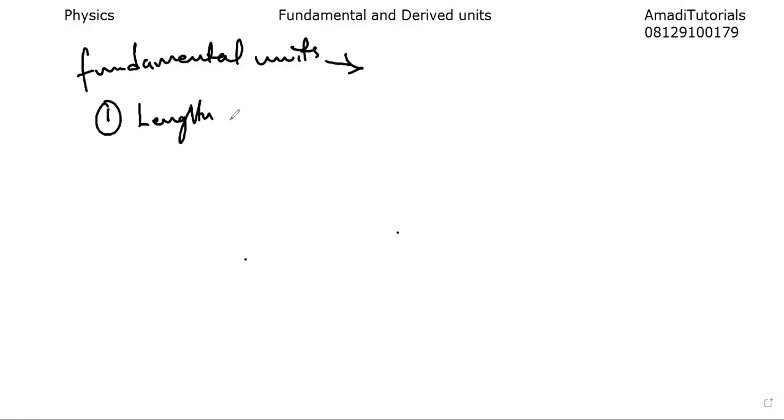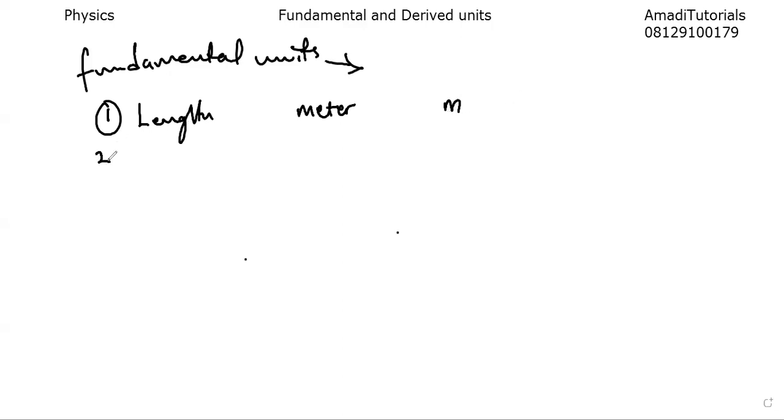It has its instrument of measurement, which we'll talk about in the next videos. The unit for measuring length is the meter. The symbol for meter is small letter m, not capital letter M.